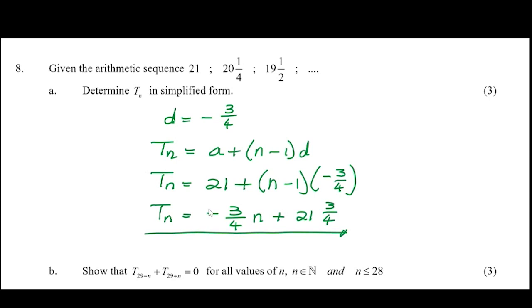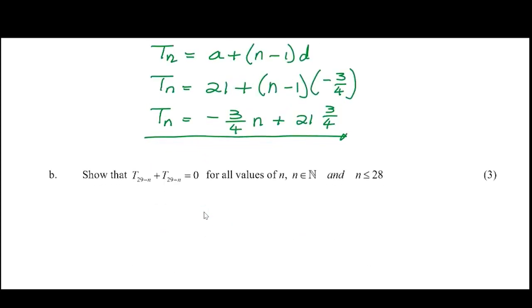Okay, so a reasonably straightforward question, maybe just made a little more difficult by the fact that we've got some fractions. It then says, show, and this is a little tricky, that T29 minus n plus T29 plus n is equal to 0. We've got a formula for Tn, so for T29 minus n, instead of n, we're going to put 29 minus n.